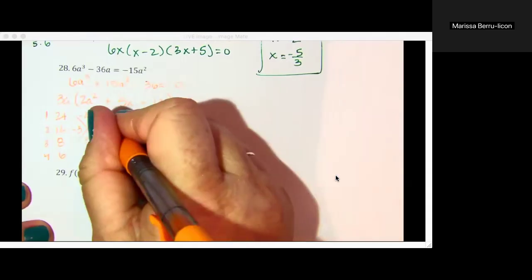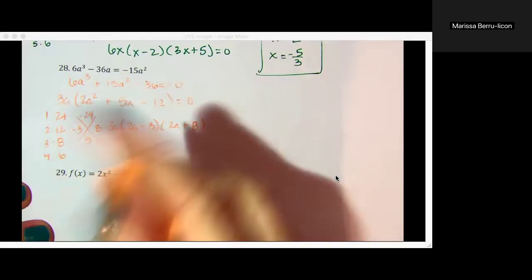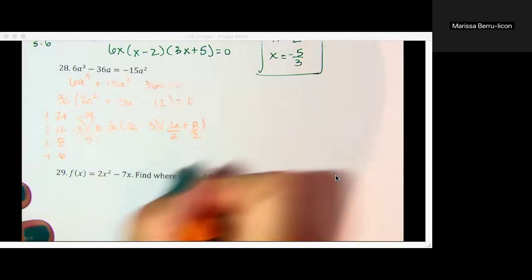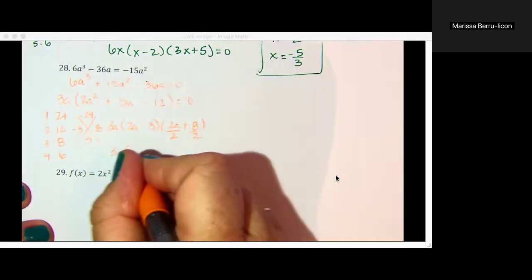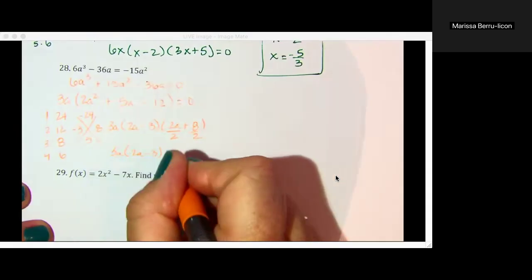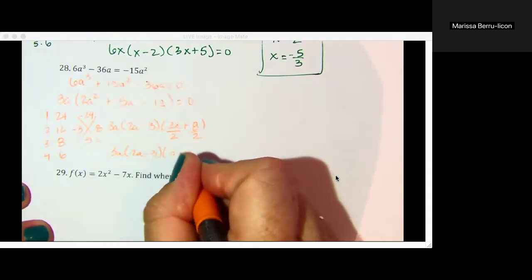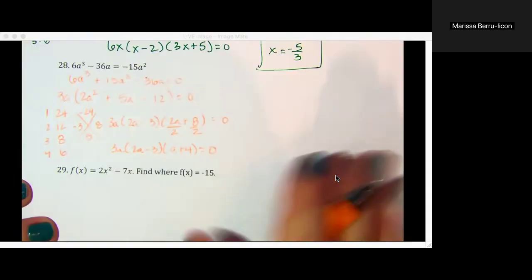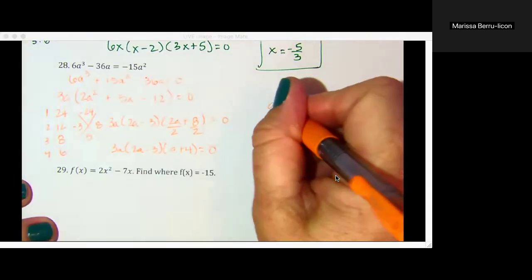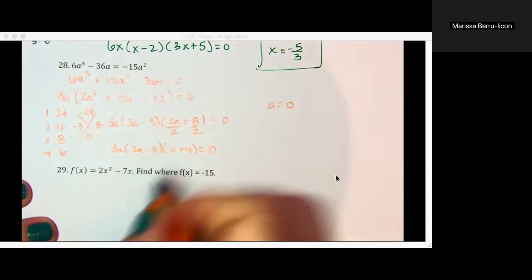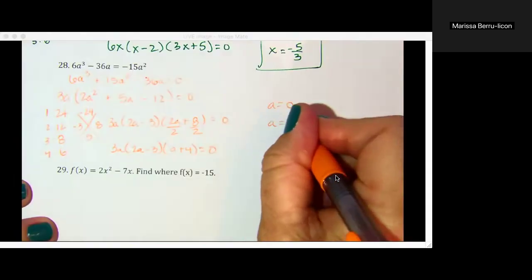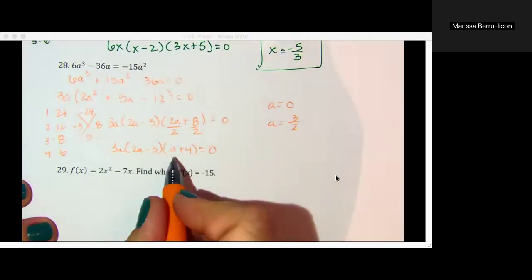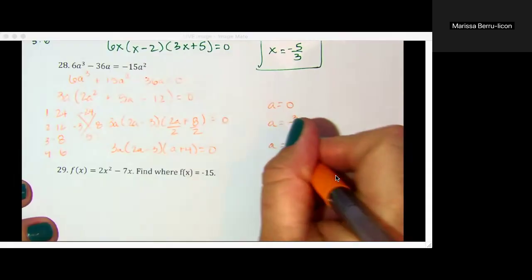And my GCF is still there. There's the trash here, and I have 3a times (2a - 3) times (a + 4). And again, you could always multiply these out and check your answer. So from 3a, we get a equals 0. From 2a minus 3, we get a is equal to 3/2. And then from a plus 4, we get a is equal to negative 4.